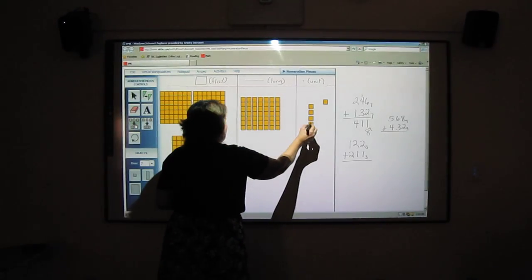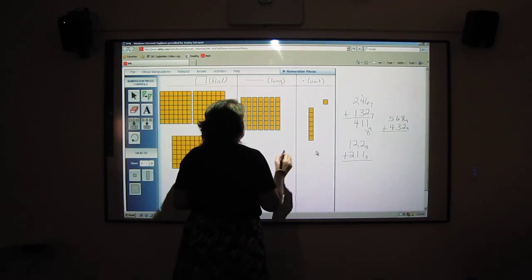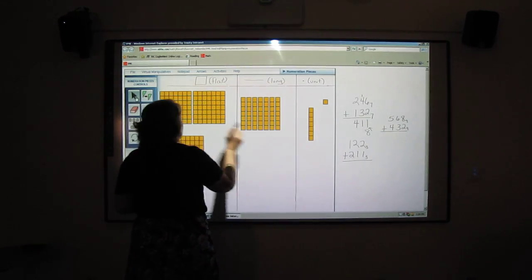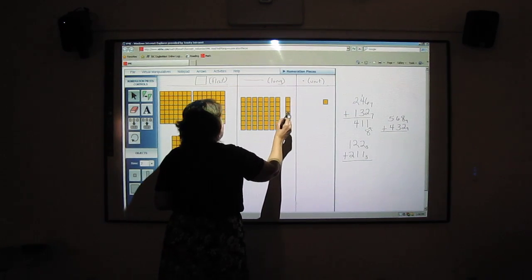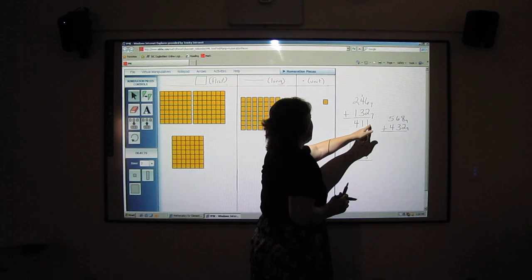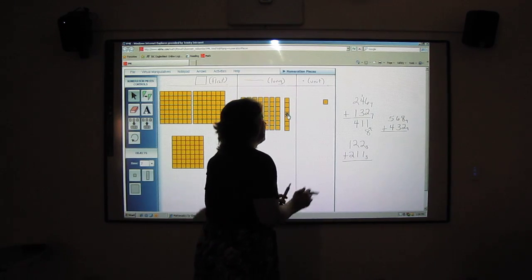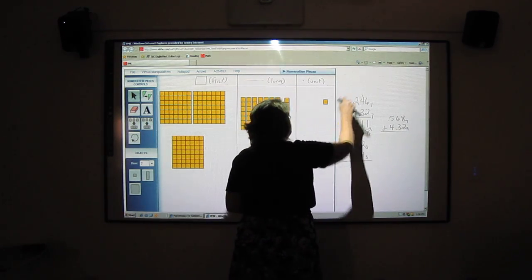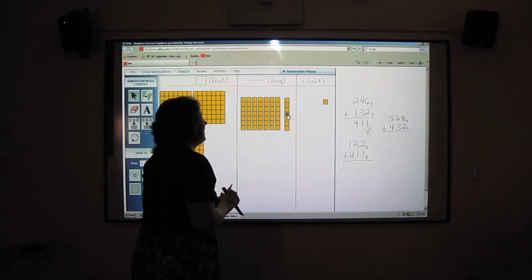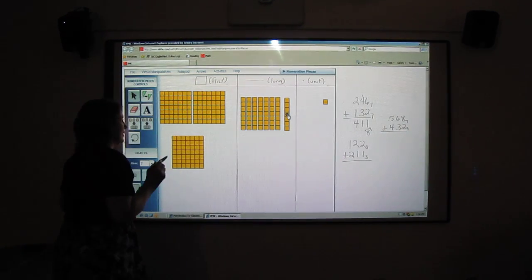I took these 7, combined them, and moved them over here. So that's how I got my 1. 6 plus 2 is 8. 7 of them traded in and moved. 1 was left in that column. And the one that traded in becomes the number that I carry based on our old-fashioned addition terminology.